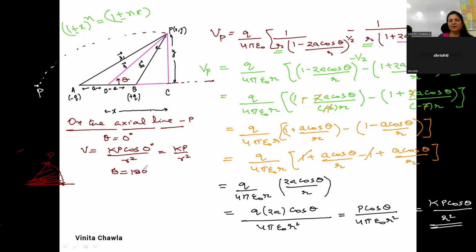So if theta is 180 degree, then V is Kp cos 180 degree, right? And cos 180 degree is -1. So it's minus Kp by r square. So on axial line, we have either plus or minus value of electric potential.